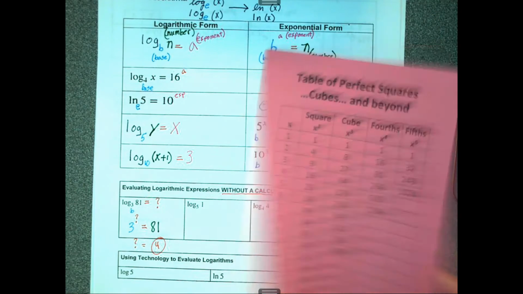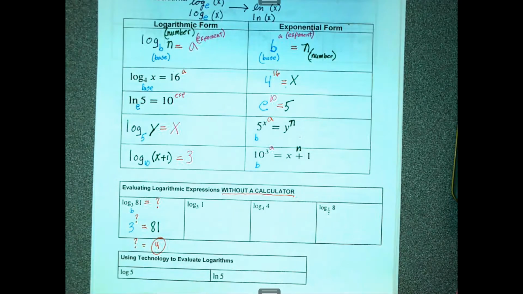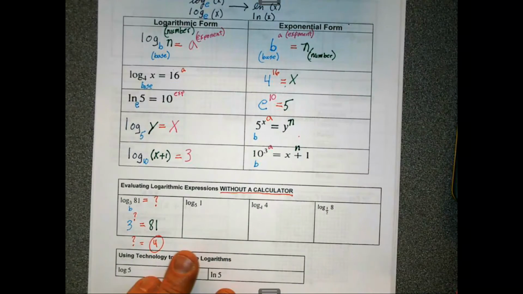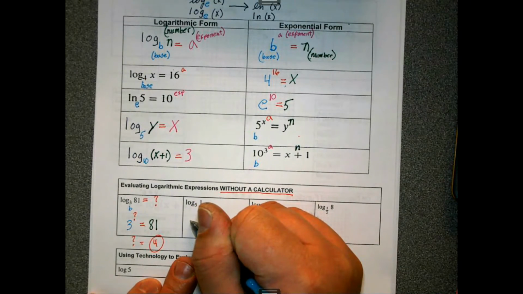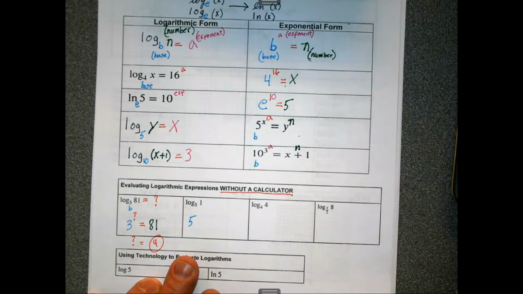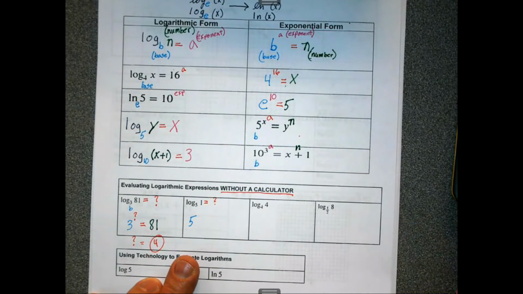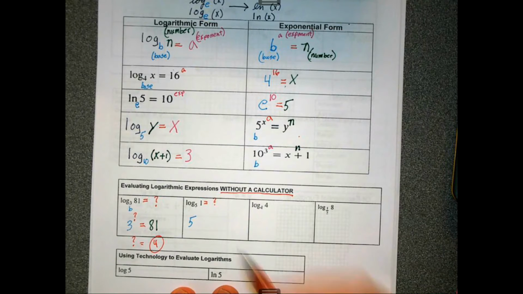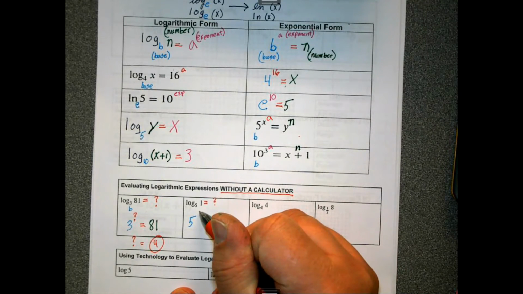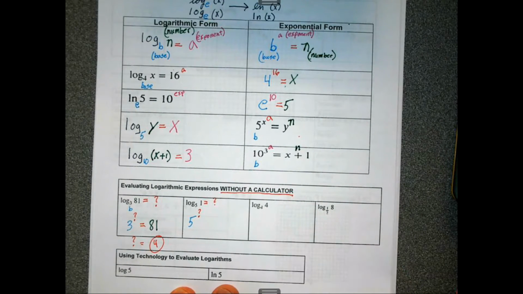All right, next one. And actually, this one's pretty easy because my base here is 5, right? And again, I'm going to put my equal sign because it seems like they didn't finish it for us. Okay, so 5 to what power equals 1?